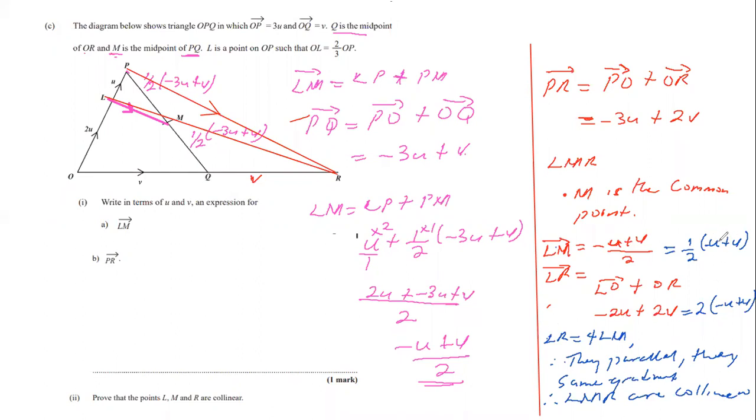What's the common factor here? Negative U plus V is the common factor. So we prove that L, M, R are collinear. So the only things you need to prove are: multiple of one another, a common point, and a common factor, and that should indicate that.